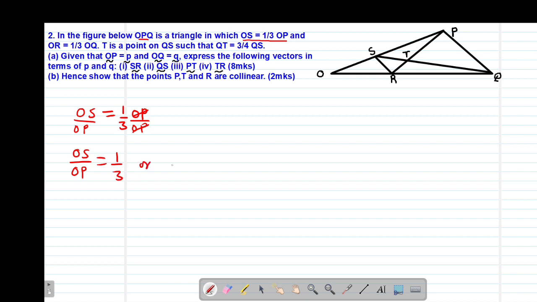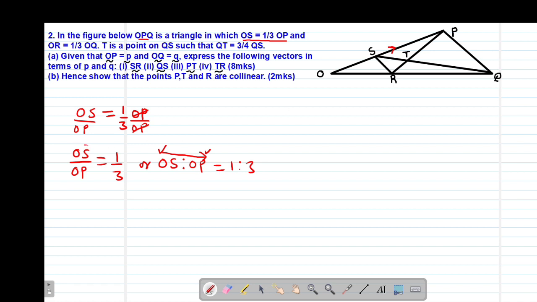So this ratio can also be interpreted as OS to OP is equal to 1 to 3. Therefore, the direction of our ratio is from O towards P.